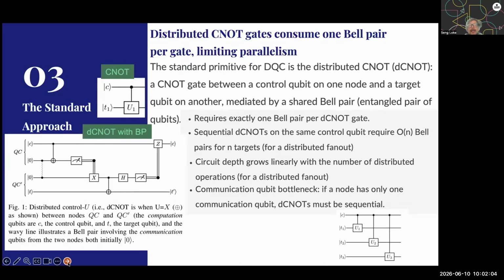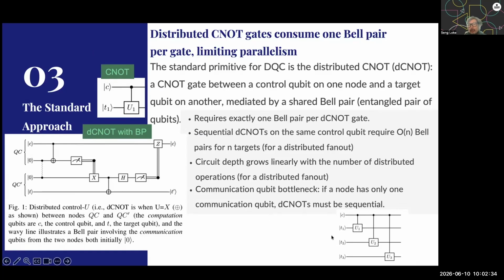Okay. So if you think of an operation, right? So if you think of a circuit, something like the one below here on the bottom right corner here, you can see that if you want to distribute this circuit, let's say 1 qubit per node, right? So all the examples that I'm going to talk about in this talk, for simplicity and just to emphasize the ideas, we're just going to use 1 qubit per node.